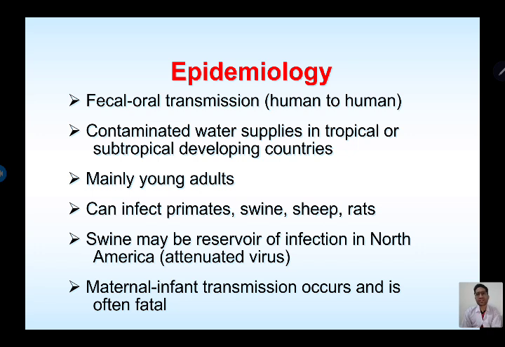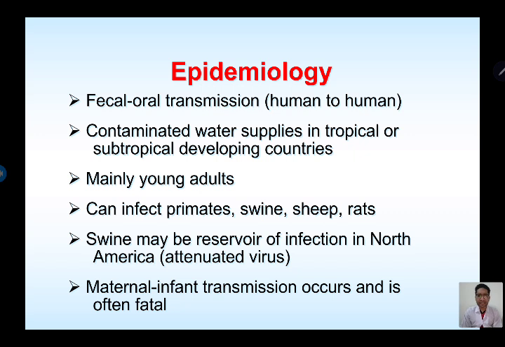Epidemiology: fecal-oral transmission, contaminated water supplies in the tropical or the subtropical involved countries. Many young adults can infect the primates, swine, sheep and rats. Swine may be the reservoir of the infection in North America.